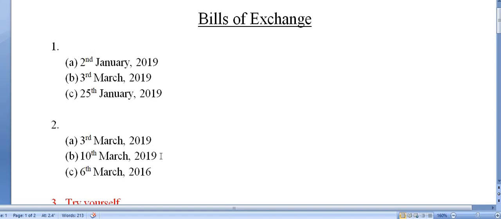January 7th, February 7th, March 7th, plus 3 days extra, 8, 9, 10. So 10th March will be your date. You can see the term MS is written. Whenever you see the term MS, it is after sight. MD is your on due date.